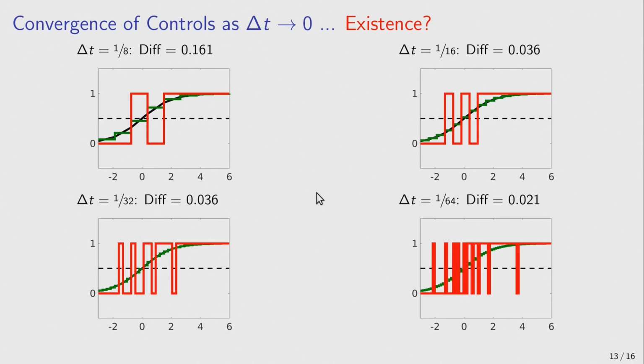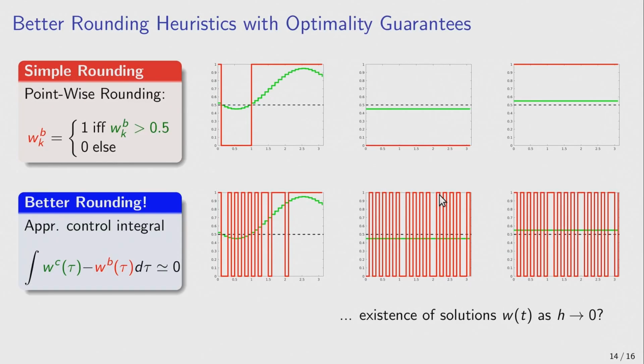So you can see that as you refine the mesh, you get these bang-bang controls. But the difference of the integral between the green and the red curve actually converges to 0. You can show that the difference goes to 0, and you can see it nicely.